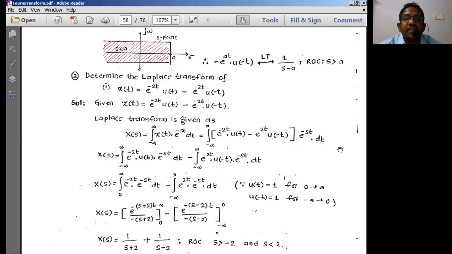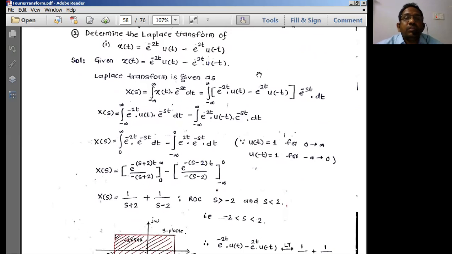So once again, u of t is positive here, therefore the limits are going to be 0 to infinity. The rest of the thing is as it is: e power minus 2t into e power minus st dt. Minus, what about this factor now? This is going to be u of minus t, which takes the limits minus infinity to 0. So e power 2t into e power minus st dt.